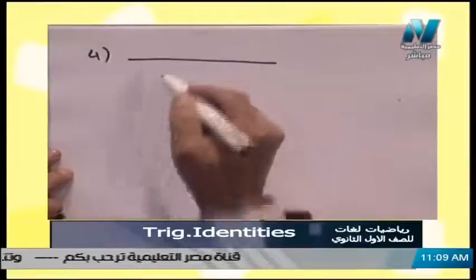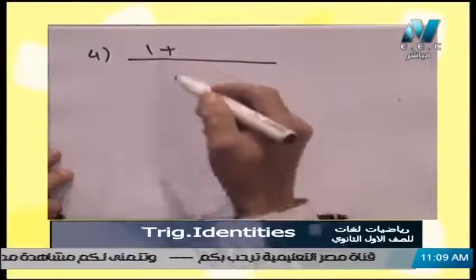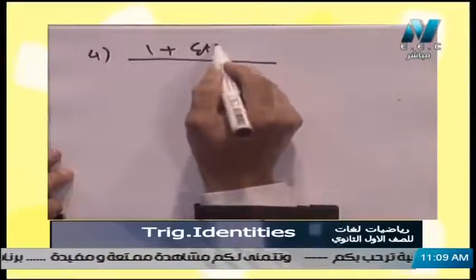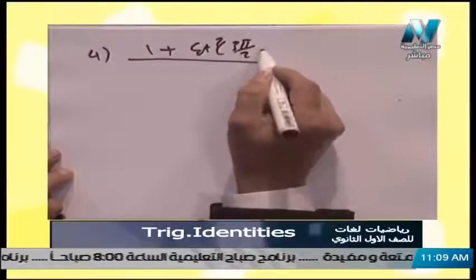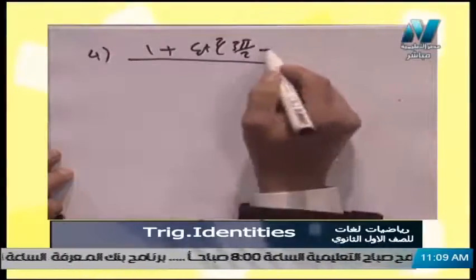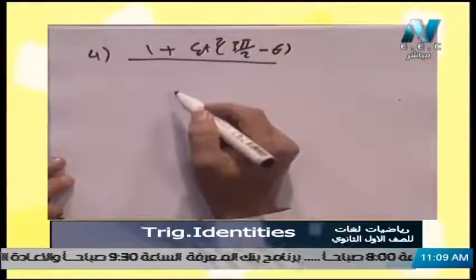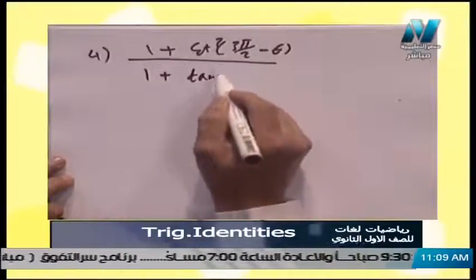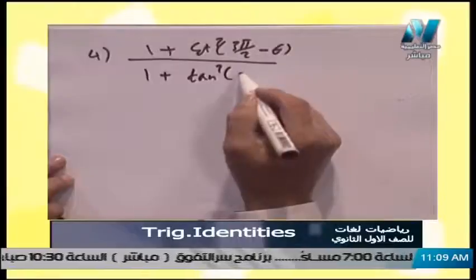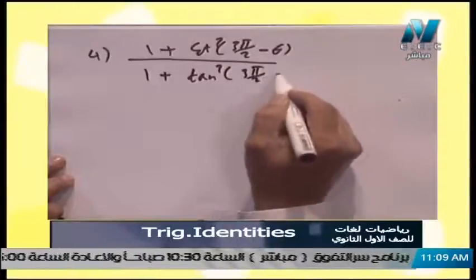Let's move to another example, number 4. Simplify 1 plus cotan power 2 of 3 pi over 2, which is 270 degrees, minus theta, over 1 plus tan power 2 of 3 pi over 2 plus theta.